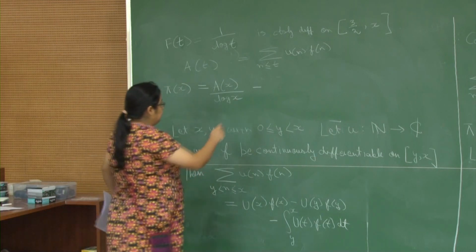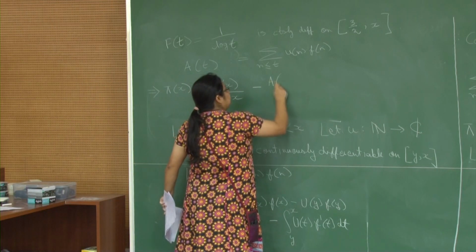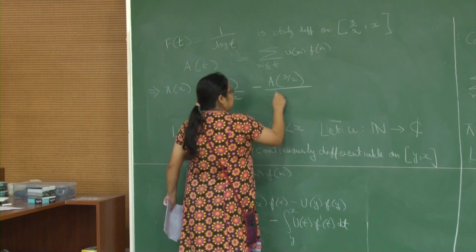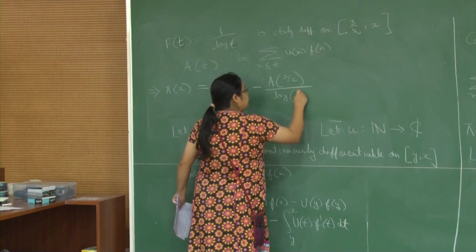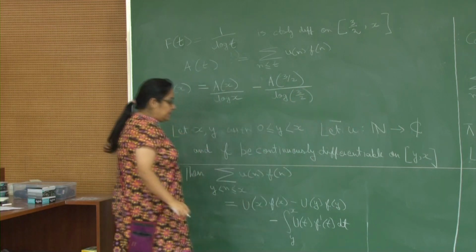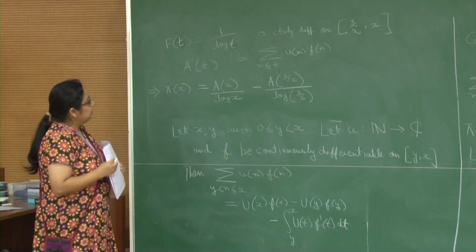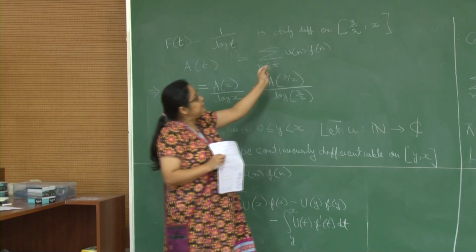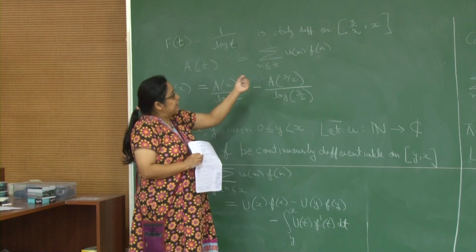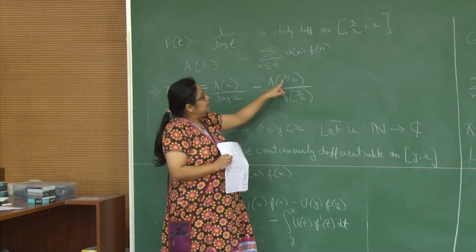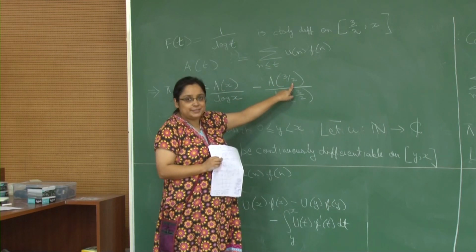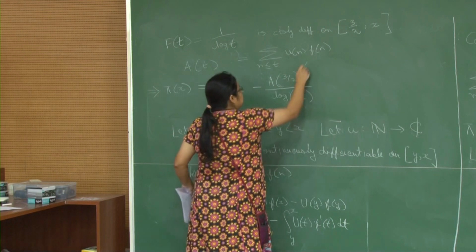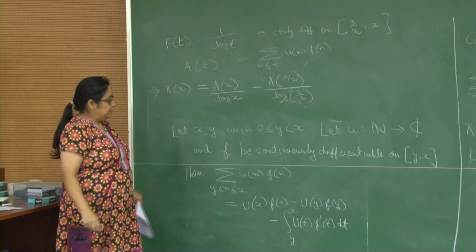So, we have A of 3/2 over log of 3/2, but notice what this is. Little u of n takes the value 1 when n is a prime. Now, below 3 by 2 there are no primes, right? So, this is just 0. So, although we wrote this term, it is actually not there.